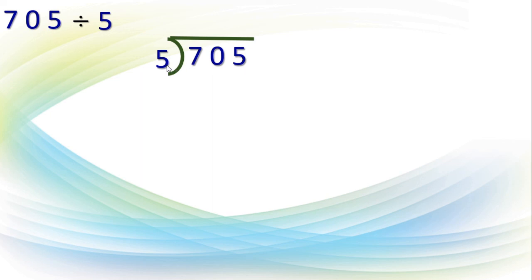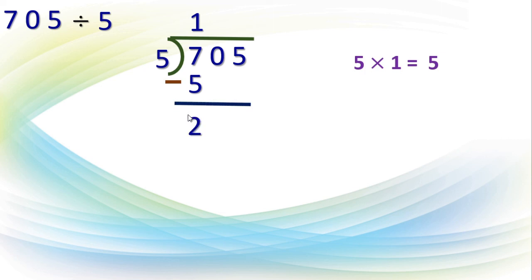Now we will go through the 5 times table, that is 5 ones are 5. 7 minus 5 is equal to 2. Now 2 is smaller than 5, so we will take this 0. See, don't leave this. It has a value because it is in between these two numbers. So we will take this 0 down.